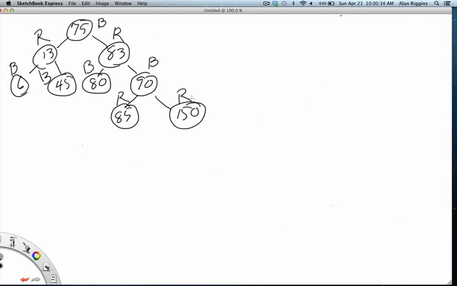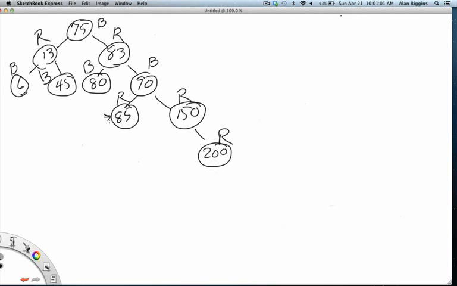All right, now I'm going to insert 200. And it's red. So now again I have a red violation. 200 is the child, 150 is the parent, 90 is the grandparent, 85 is the aunt. I have a red aunt, therefore I do a color flip.